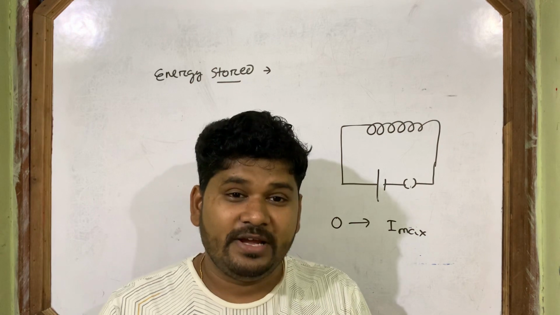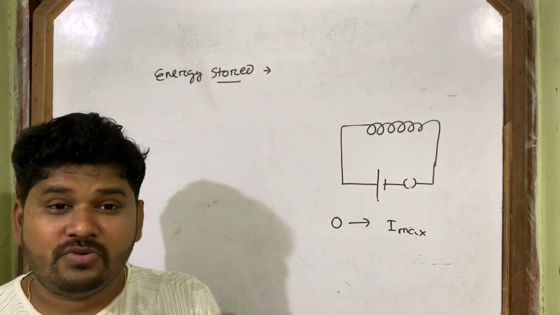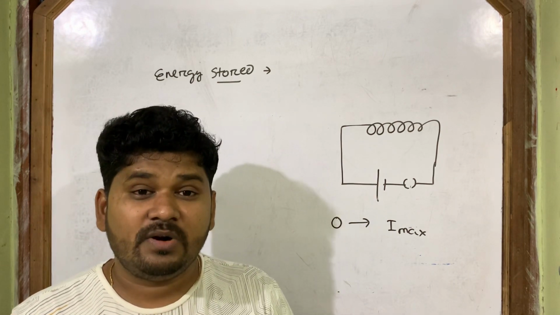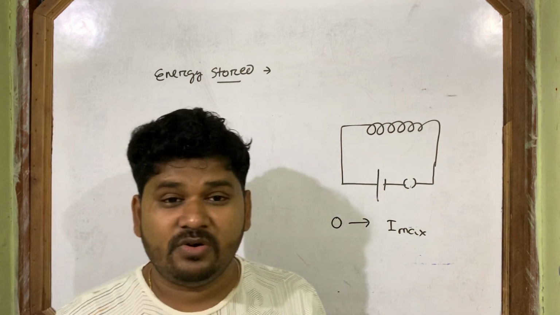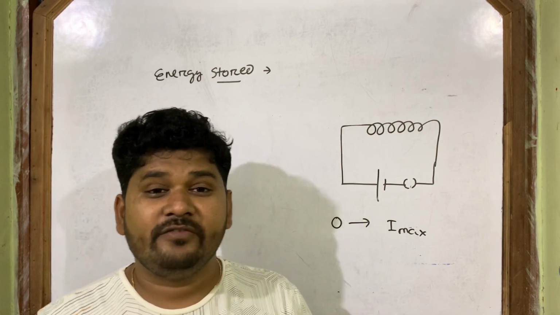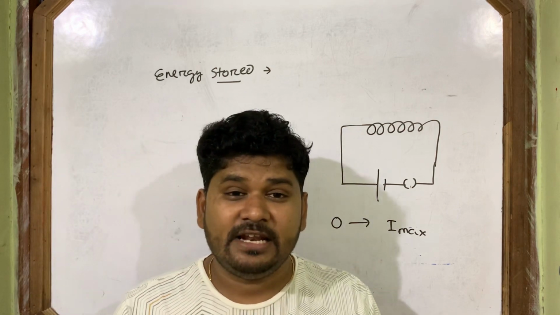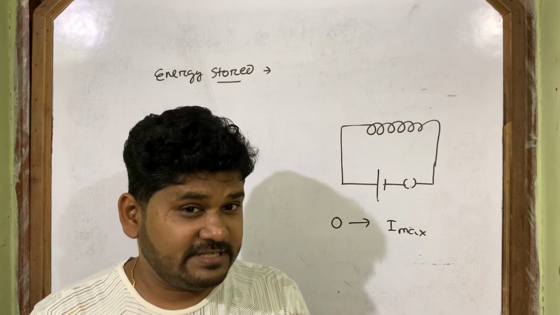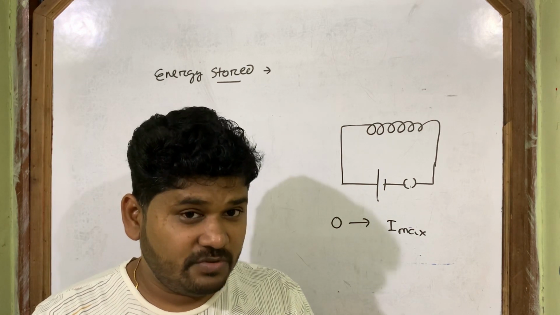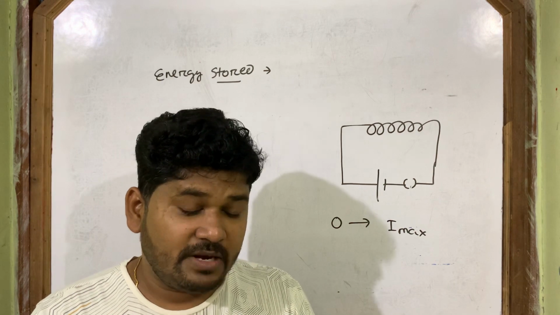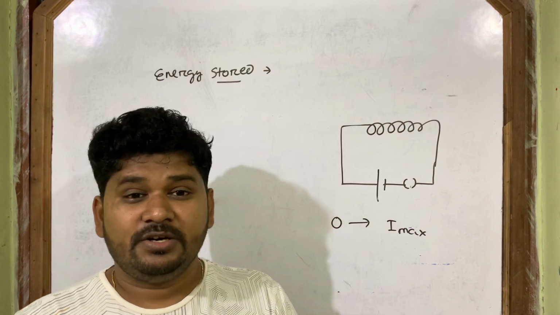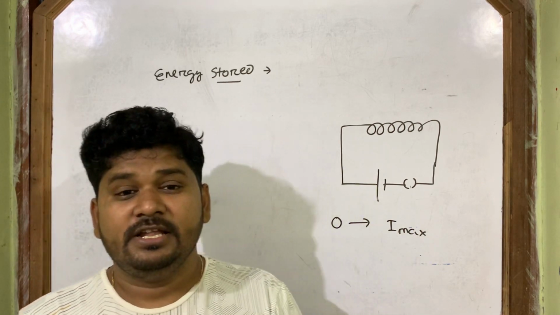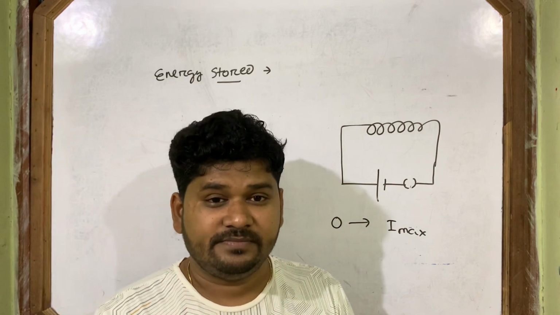So we can write the line here: the amount of work done to overcome the opposition of the coil is stored in the form of magnetic potential energy in the core of the solenoid. Listen to the sentence properly.